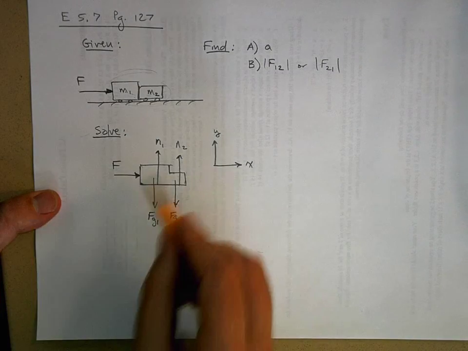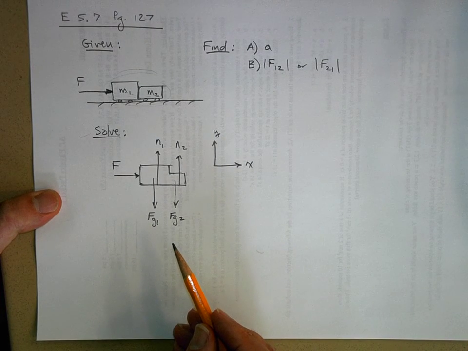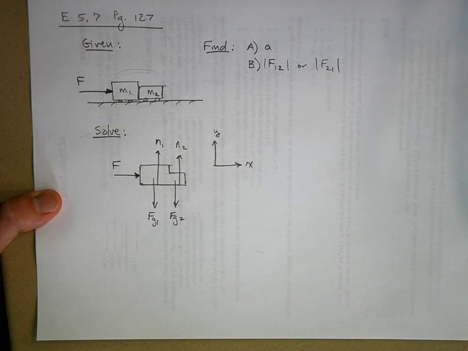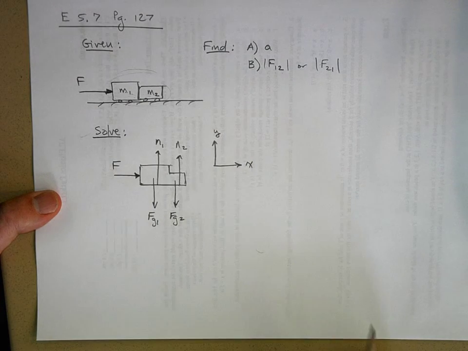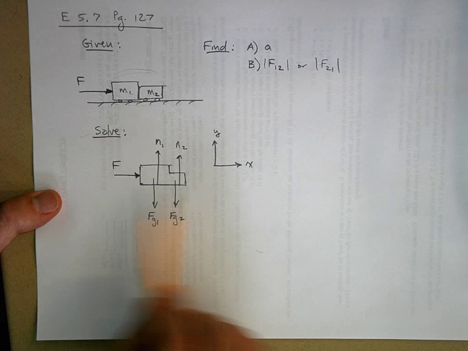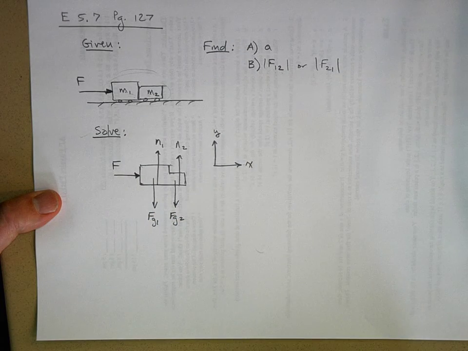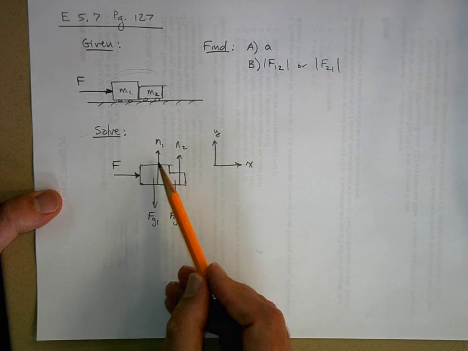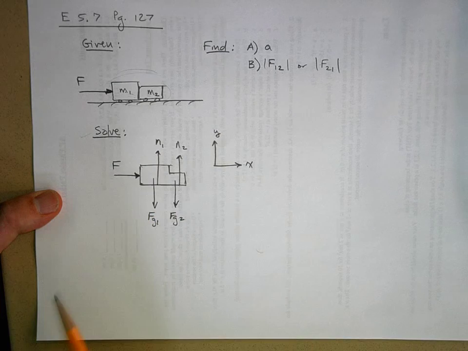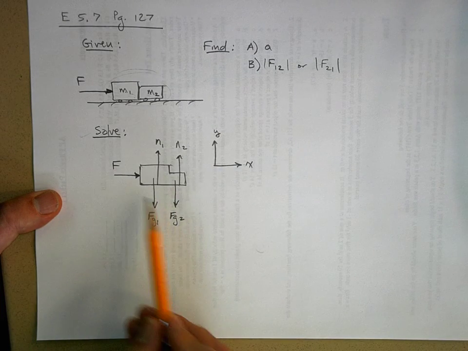If you know what direction the acceleration is in, I quite often align my axis system with the known acceleration. I know this thing's going to accelerate to the right, so I make to the right my X direction. And it's kind of obvious. Now, the nice thing about this problem is nothing needs to be broken up into XY components. These are all in the Y direction, these are in the X.